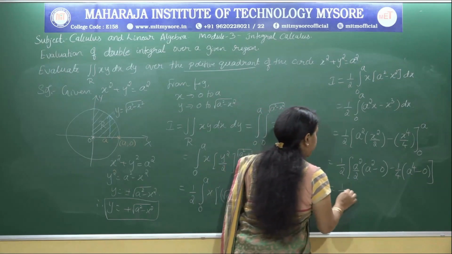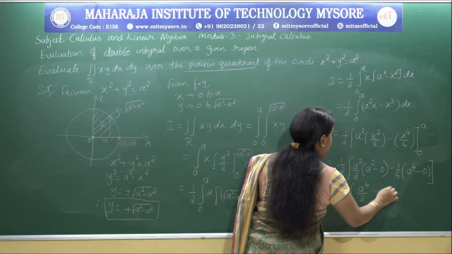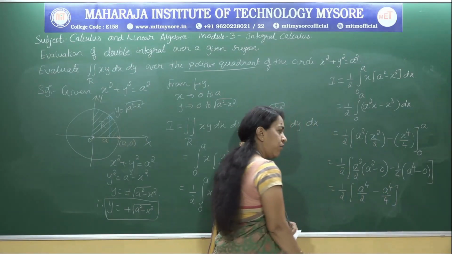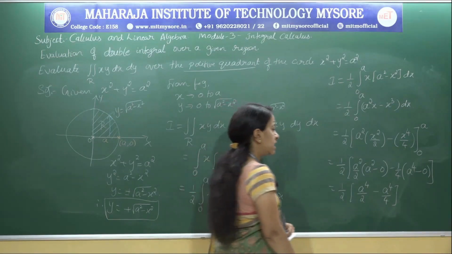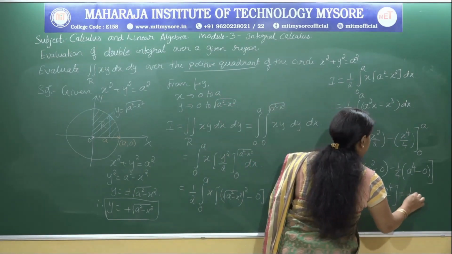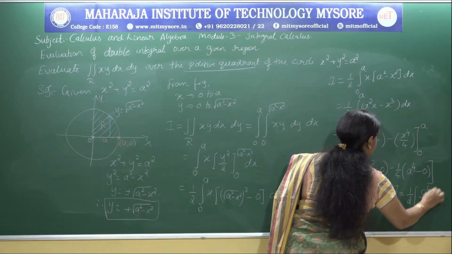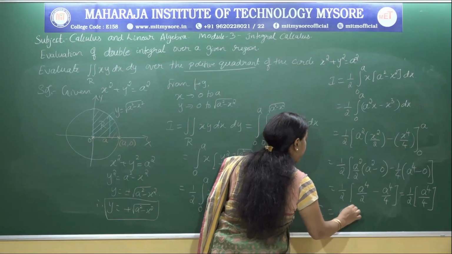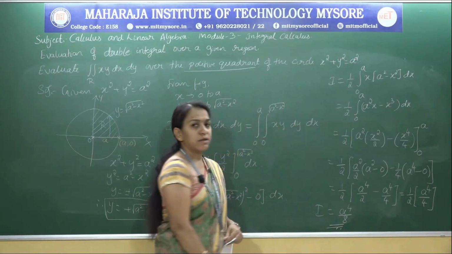So we are left with 1 by 2 into a to the power of 4 by 2 minus a to the power of 4 by 4. So a power 4 is common, and 1 by 2 minus 1 by 4 is nothing but 1 by 4. So 1 by 2 into a power 4 by 4. The required result is a to the power of 4 by 8.